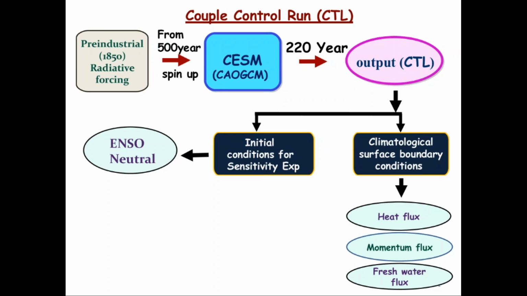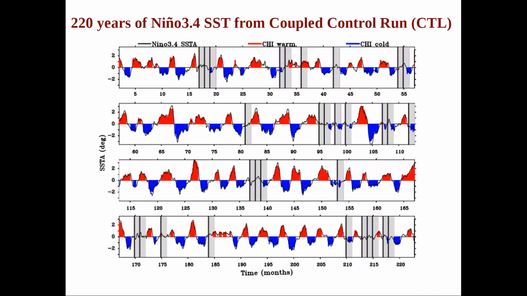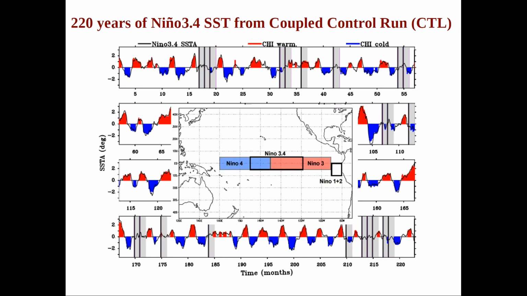One is the initial condition for the sensitivity experiment. The other is the climatological boundary condition. I will come to the point of why these are important. This is the 220 years of NINO 3.4 SST anomaly for our coupled control run. Just a recap: this area is the NINO 3.4 region, just like any other central equatorial Pacific.